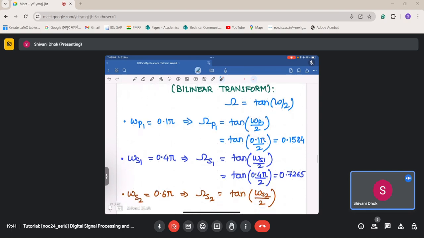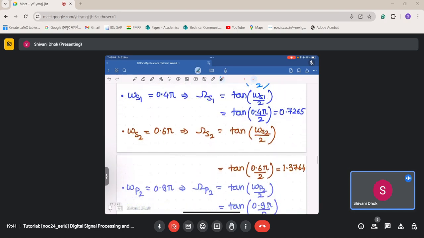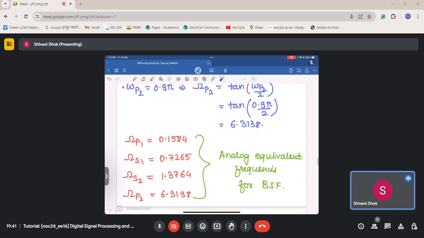And in similar fashion, we will have capital omega p1, capital omega s1, capital omega s2 and capital omega p2, and these are the passband and stopband edges for the equivalent analog bandstop filter.